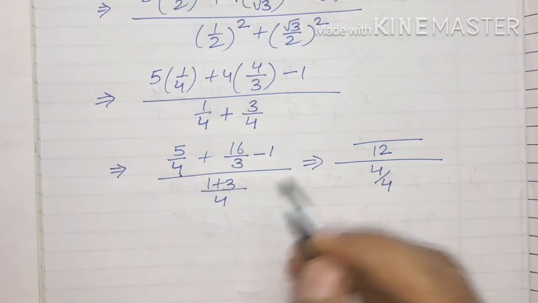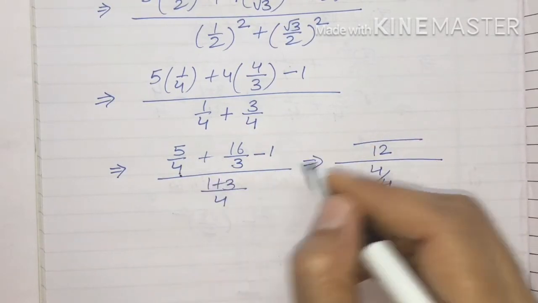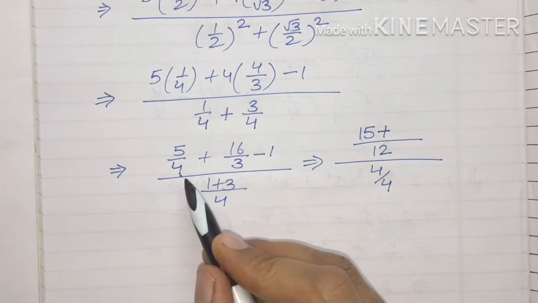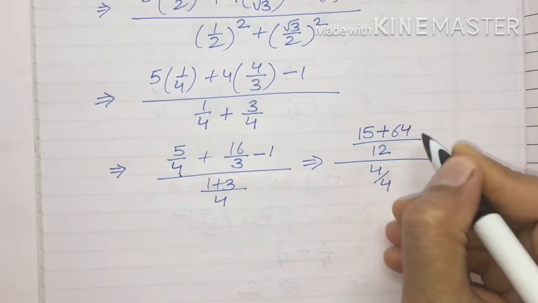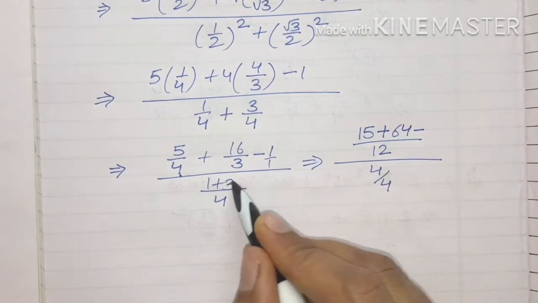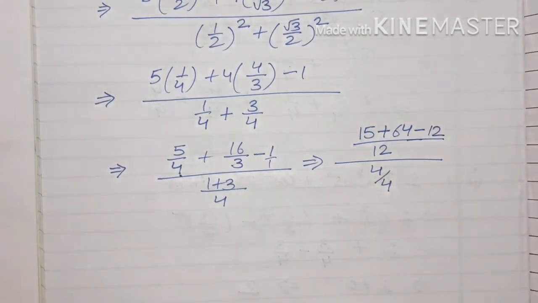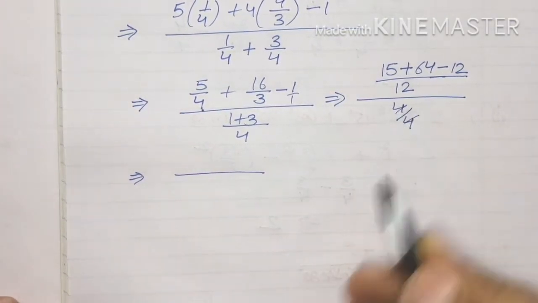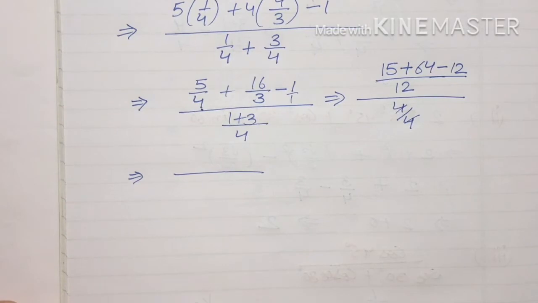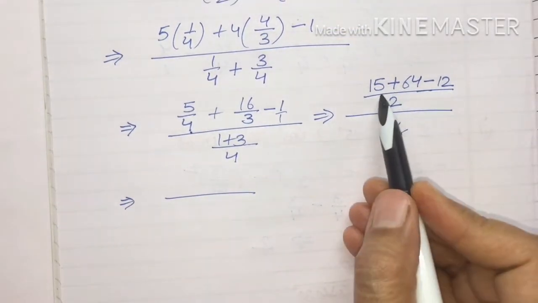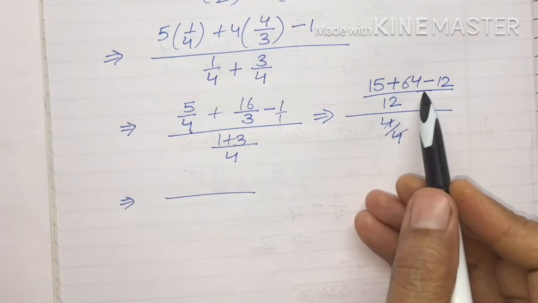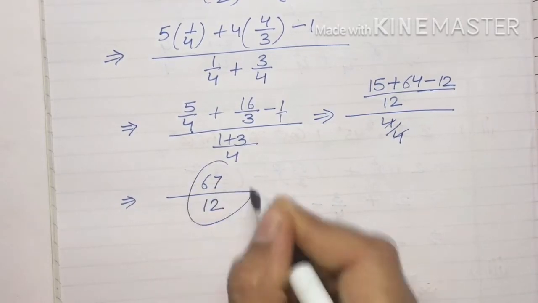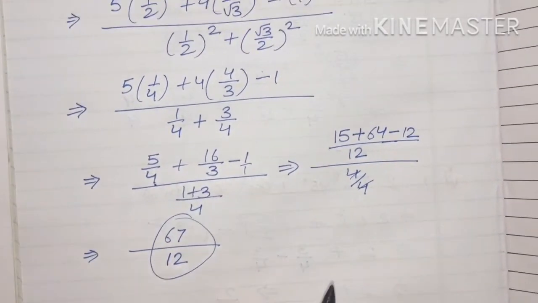So 4 is there, 5 multiplied by 3, 5 3s are 15 plus 3 is there, so 16 4s are 64 minus here is 1, so 12. In the denominator 4 and 4 we can cancel, 1 is there, so nothing is left in the denominator, only the upper part. 15 plus 64 minus 12, we will get 67 upon 12. So 67 upon 12 is the answer for the fifth part.